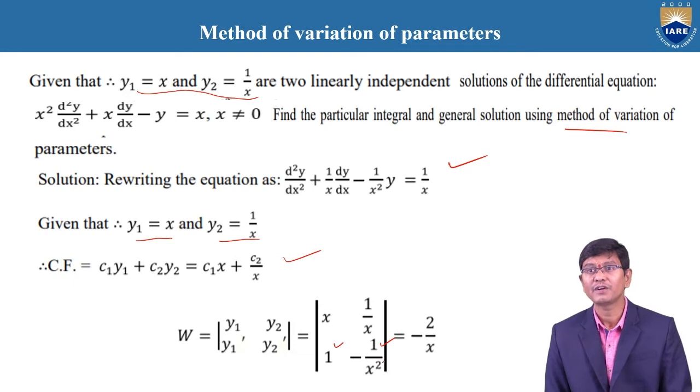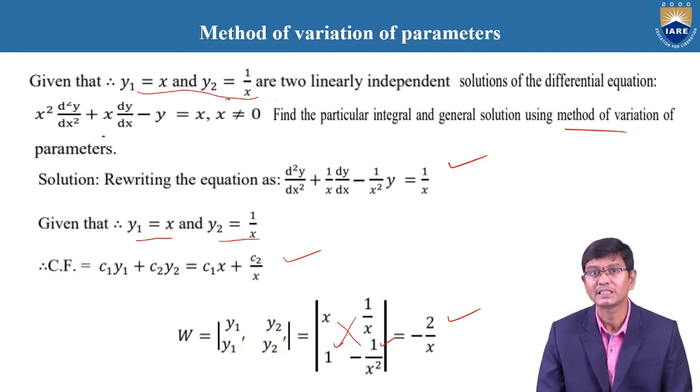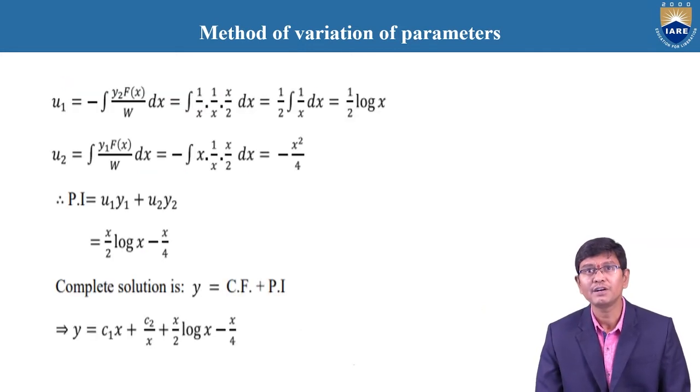Again, we need to find the determinant of this 2 by 2, that is AD minus BC. Clearly, you obtain the value of the Wronskian, which is equal to minus 2/x.